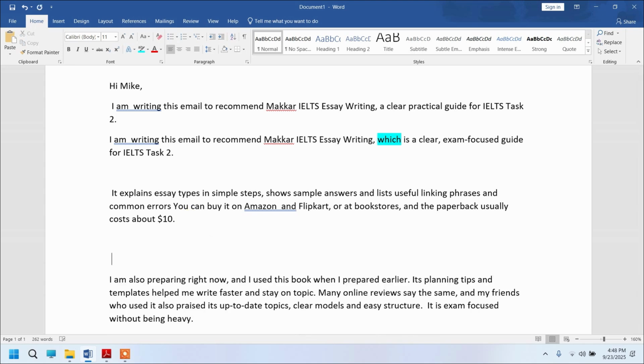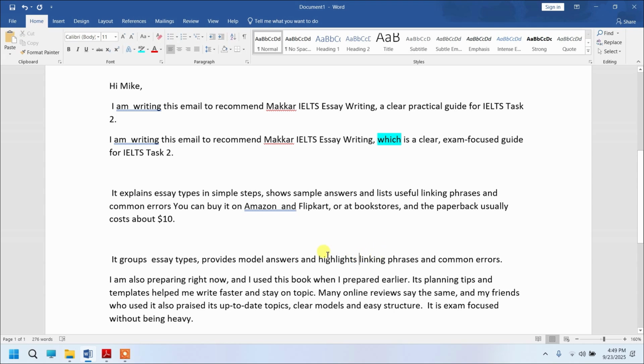So I'll say it groups essay types, comma, provides model answers and flags, means highlights, linking phrases and common errors. So instead of flags I can say highlights also, and highlights linking phrases and common errors.